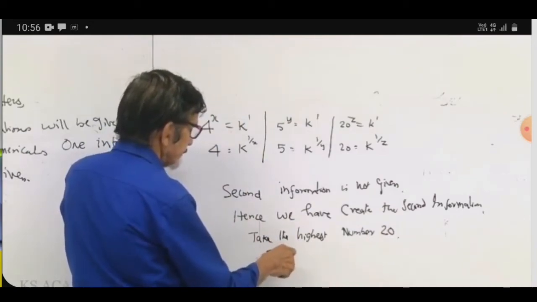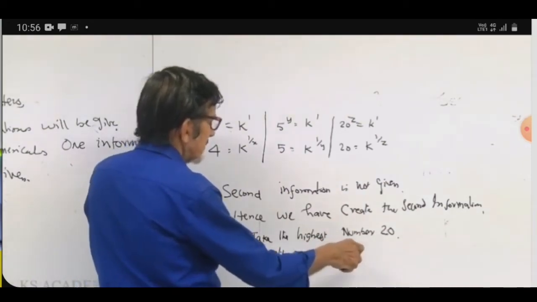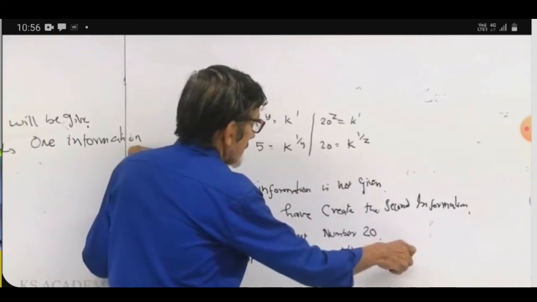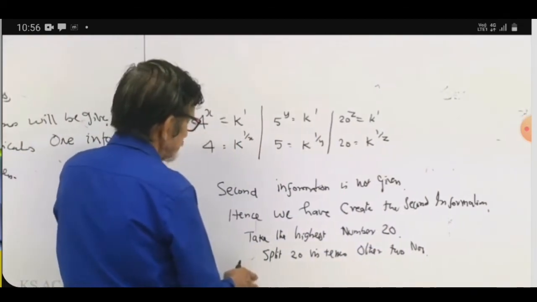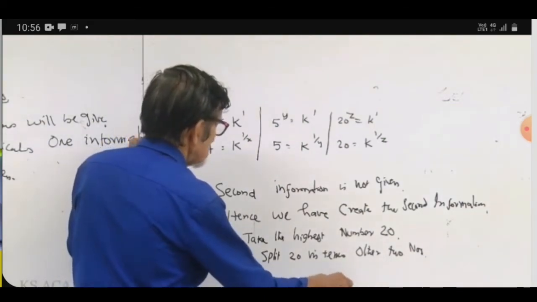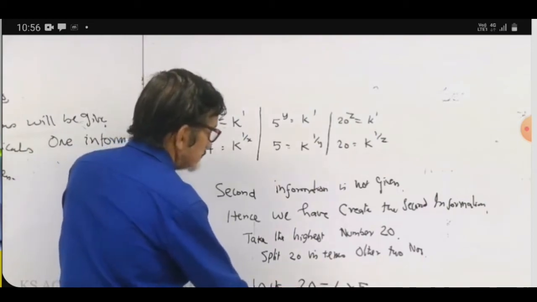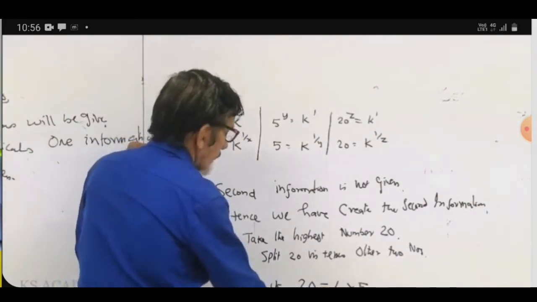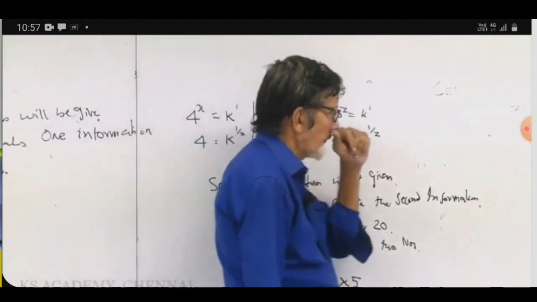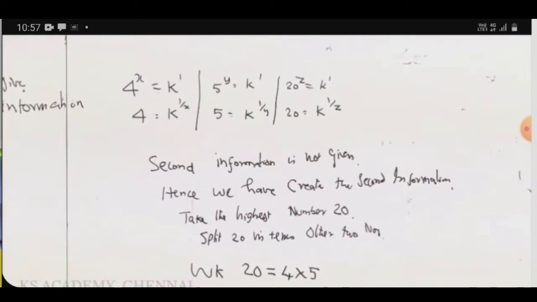Split 20 in terms of the other two numbers, 4 and 5. 20 is the highest number.